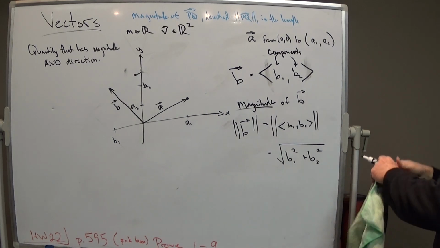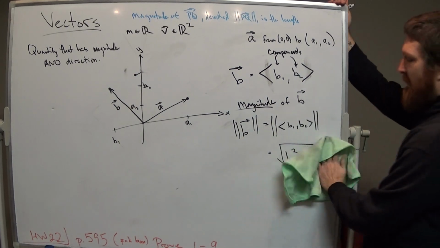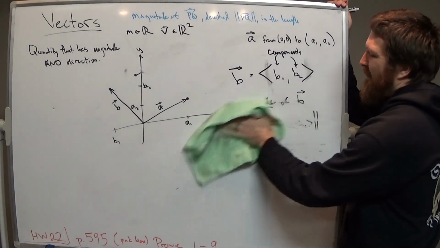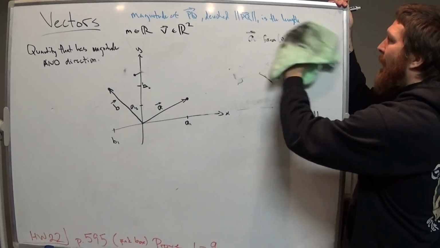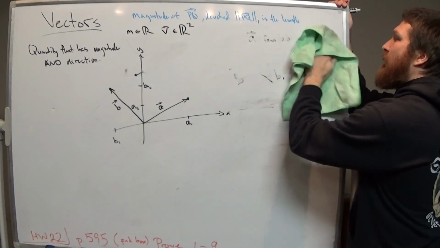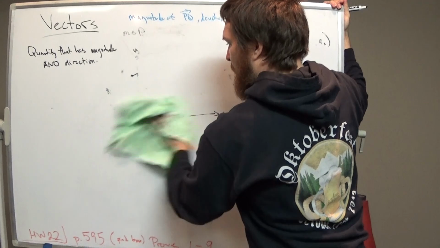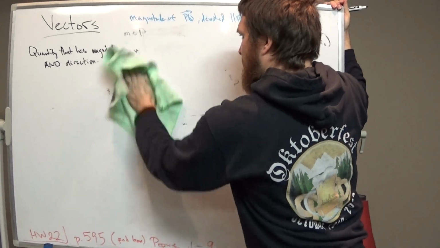Okay, we're getting rid of this, and we're going to actually do some stuff. I kept saying it's going to get less abstract, less abstract. This is still kind of abstract, because we're just talking about b's and a's and stuff like that. So let's get some actual numbers in here and work with actual numbers. Okay.